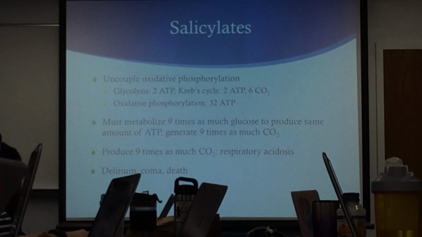So if you're metabolizing 9 times as much glucose, then you're producing 9 times as much CO2. And so at toxic levels of salicylate, this is what kills you. So you're generating all this CO2, you go into respiratory acidosis, and respiratory acidosis will become severe enough that it'll actually produce coma and death.